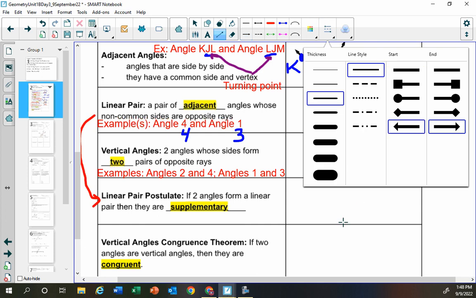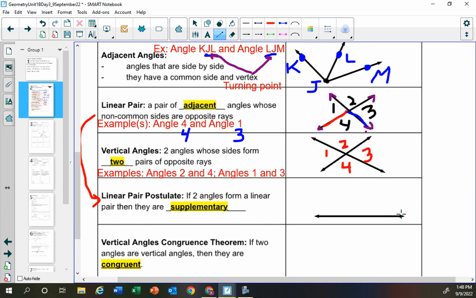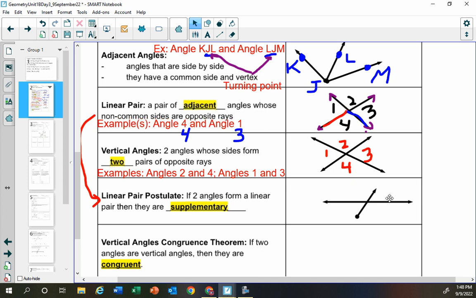Let's say you had a line going across. And then, even if we did it like this, your linear pair will still form a straight line angle.